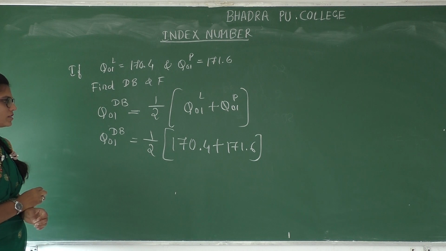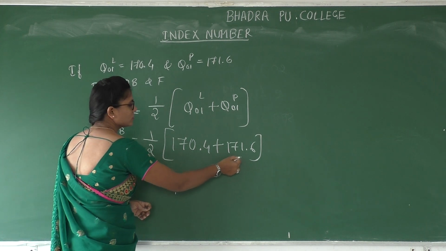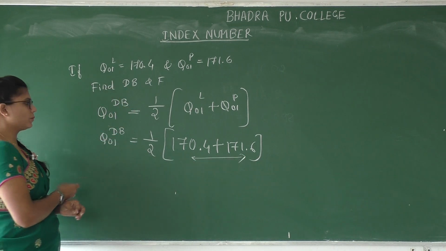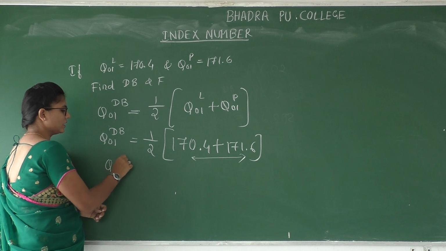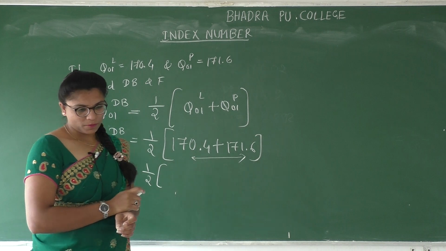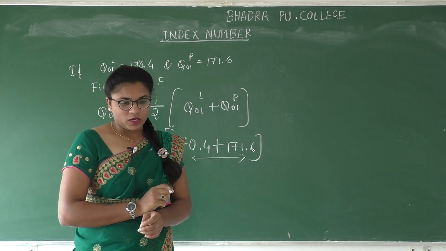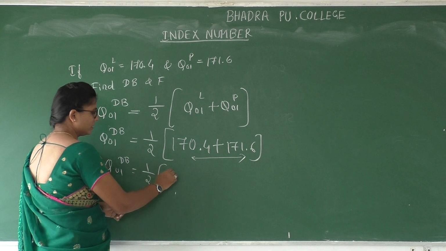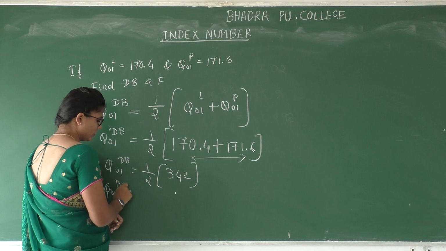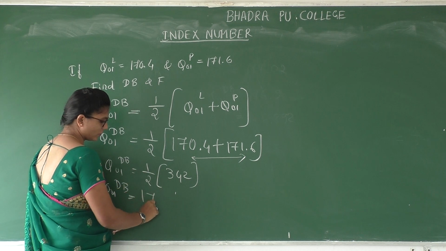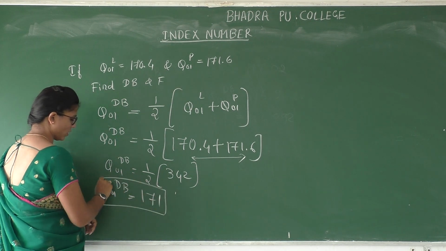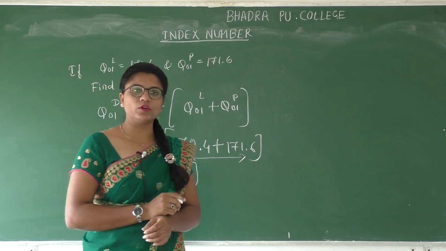The next step is to add these two: 170.4 plus 171.6 gives 342. 342 divided by 2 gives 171 as the Dorbish-Bowley quantity index number.